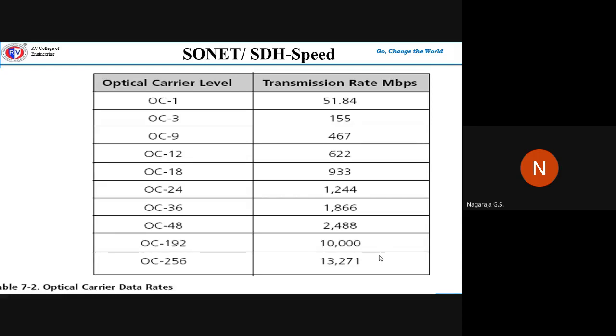Similarly, the list goes on, as I mentioned, up to OC256, which provides you 13,271 megabits per second. As and when you want a higher speed of data rate, certainly you have to choose your cables accordingly. And with respect to that, obviously, the cost is also going to increase in a linear fashion.